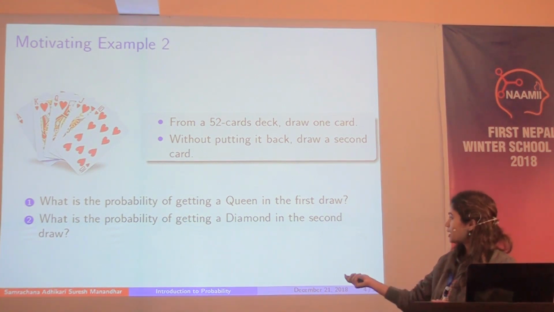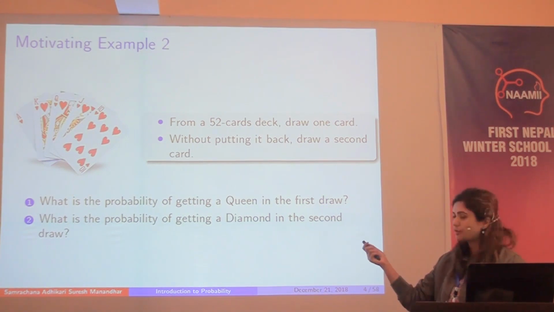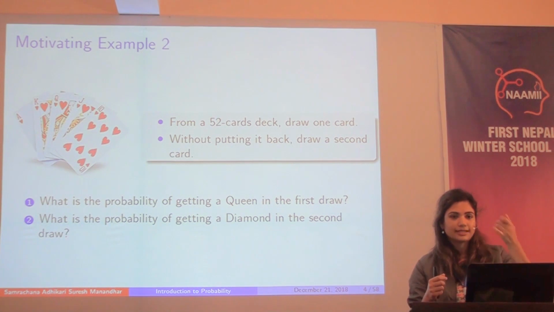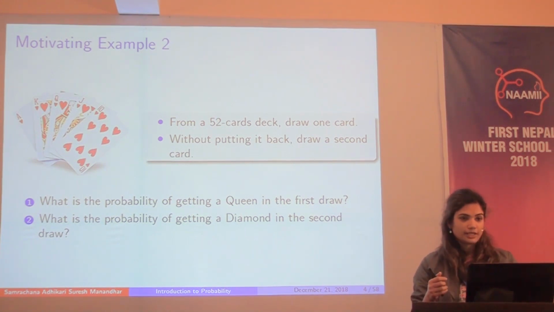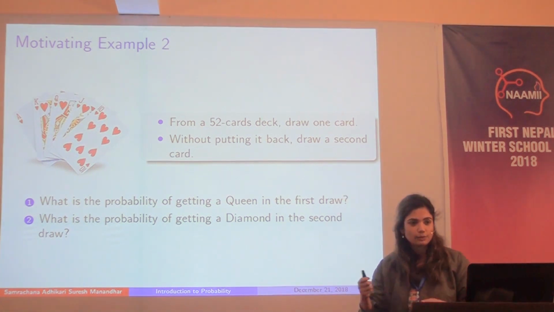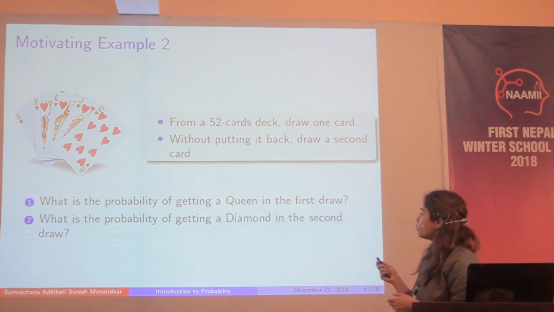And what is the probability of getting a diamond in the second draw? For the first draw, we have 52 cards and we're drawing 1. So how likely is getting a queen? You need to know how many queens there are and how many cards there are. If I draw a second card without putting the first back, then the probability changes. So how can we quantify that?